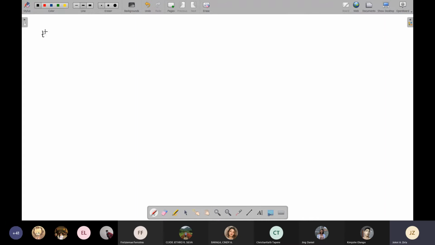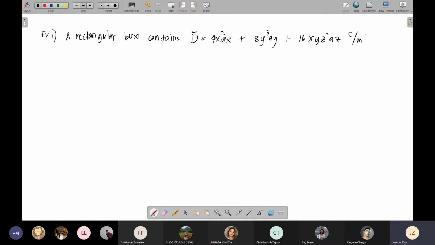Okay, example 1. A rectangular box contains electric flux density equal to, let's say, 4x squared ax plus 8y cubed ay plus 16xyz squared az coulomb per meter squared.